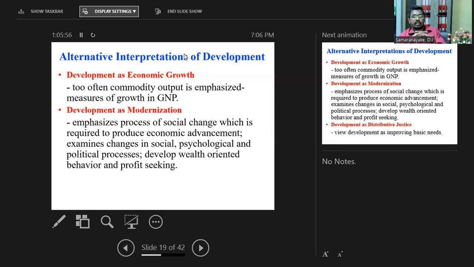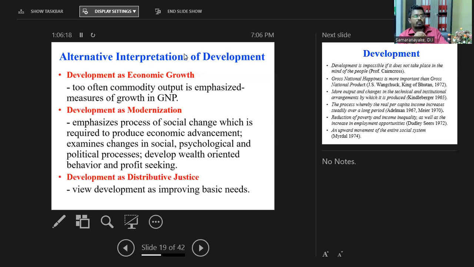We need economic advancement, and also social, psychological, political advancement, the movement of those processes, and also that is a wealth-oriented ecosystem. So it's about wealth generation, wealth improvement, and profit-seeking behavior is really important in this manner. So these kinds of factors were there with their concerns of development.